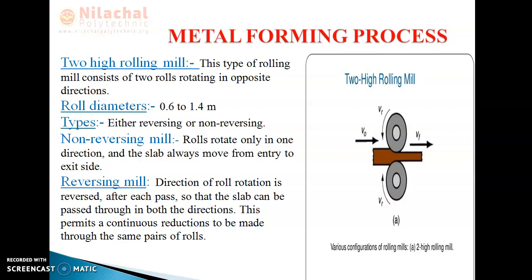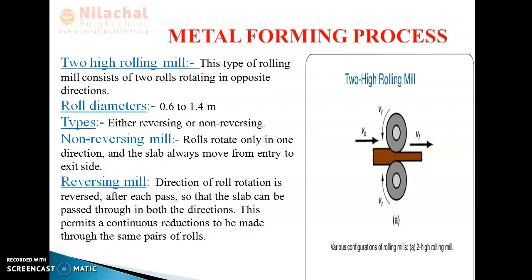mm types. It is subdivided into non-reversible mill and reversible mill. That means the 2 high roll mill is again subdivided into 2 types: non-reversing mill and reversible mill. Non-reversible means rolls rotate only in one direction, and the slab always moves from entry to exit.